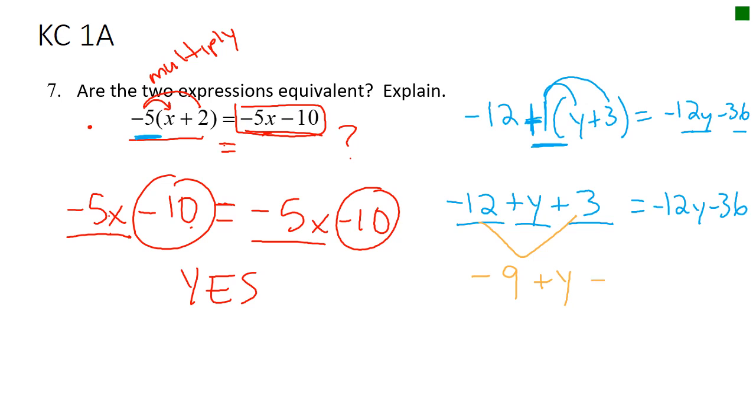So that means that this has to equal 12y minus 36. Oops, I wrote a 1. So negative 9 plus y equals 12y minus 36. Are those two equal to each other? No. Why not?